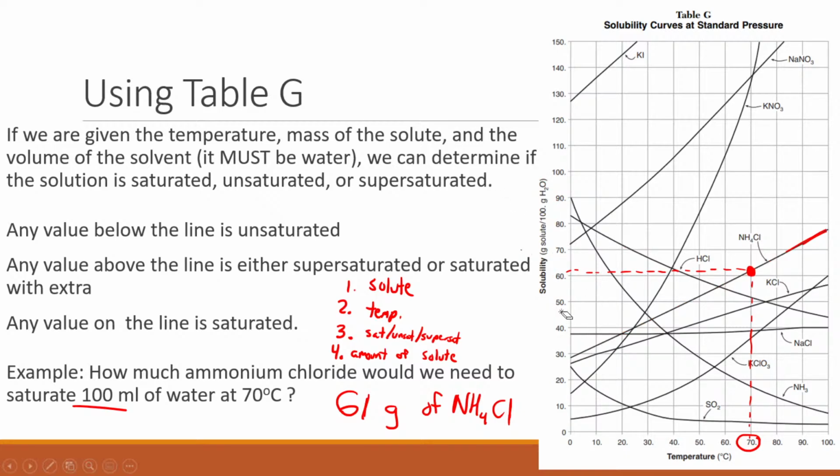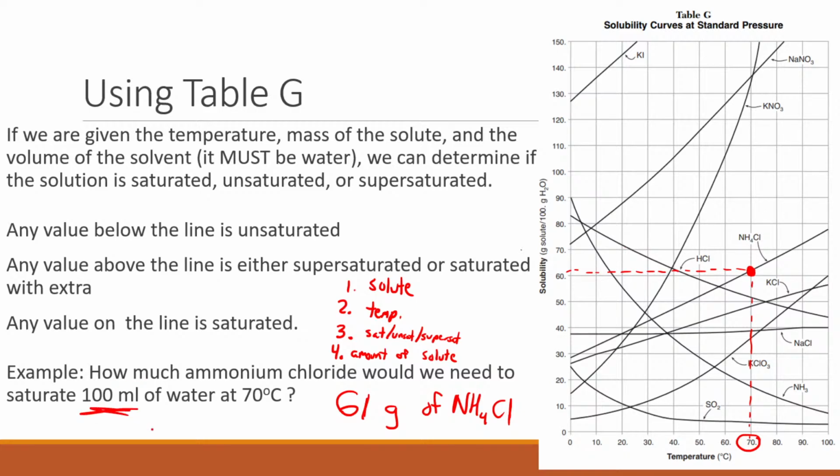That means that this scale, 0, 10, 20, 30, 40, 50, 60, 70, 80, all the way up to 150, is how many grams of solute I can put in 100 grams of water. So they have to tell me the 100 so that I know that this scale doesn't change.